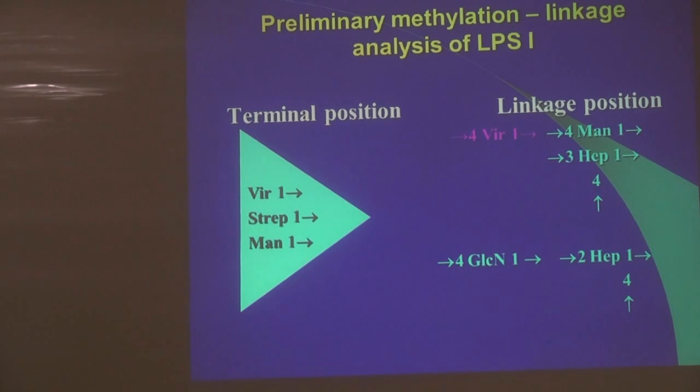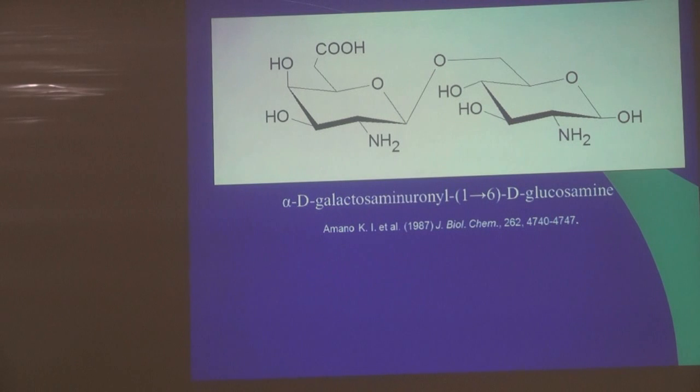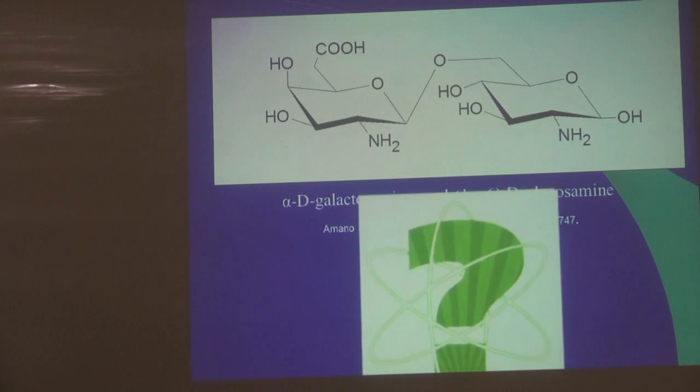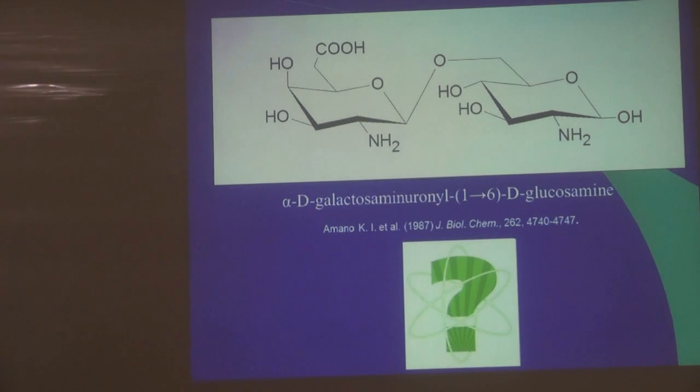So we also found that some of this virenose could be bound in chains, and we think that we might have some homopolymer of virenose in this LPS 1, but we are still not very sure. These are other structural linkages, but they are not of too much importance. And we did a lot of work because an early paper was published in '87.